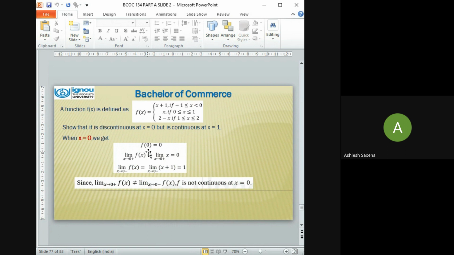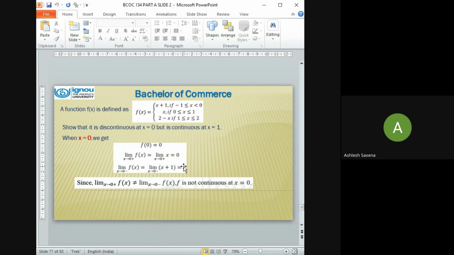When you are talking about x tends to 0 negative, this is the function: x plus 1. Apply the limit, you will get 1. And when you are applying x tends to 0 positive, f(x) will be 0.